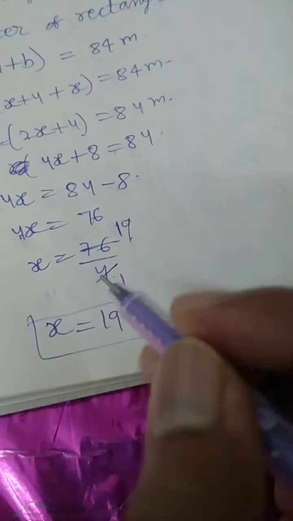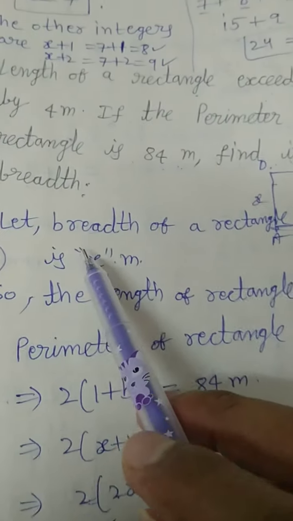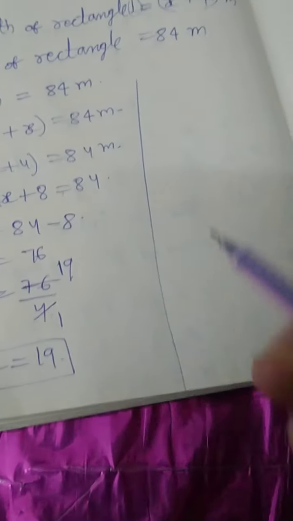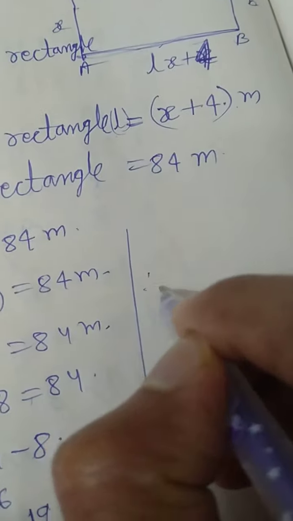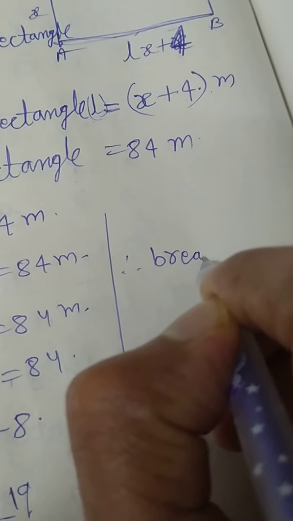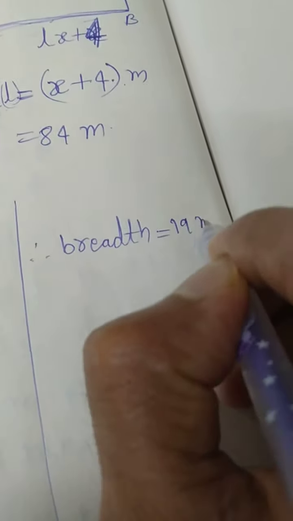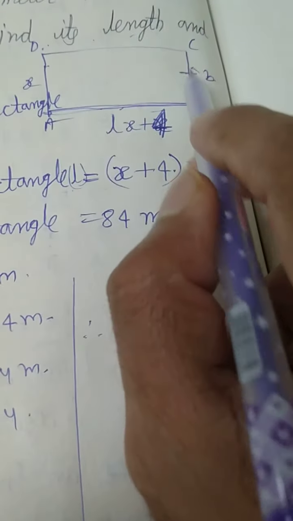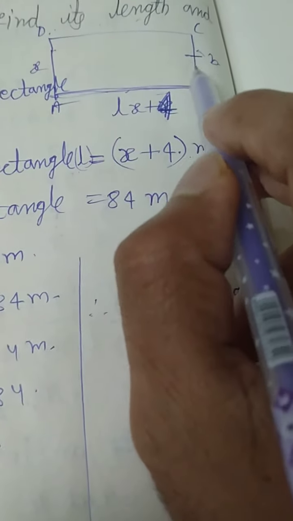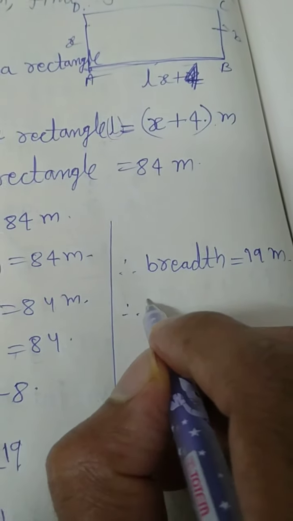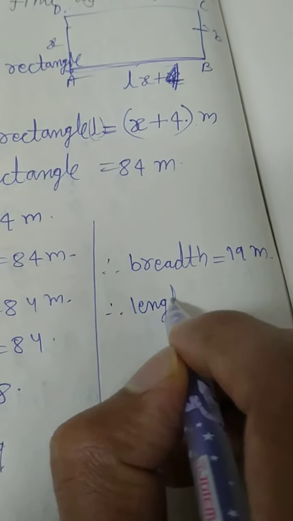In the first step of this problem, we assumed the breadth of the rectangle is x. So from this we can say, therefore, the breadth is 19 meters. Now, what is the length, children?